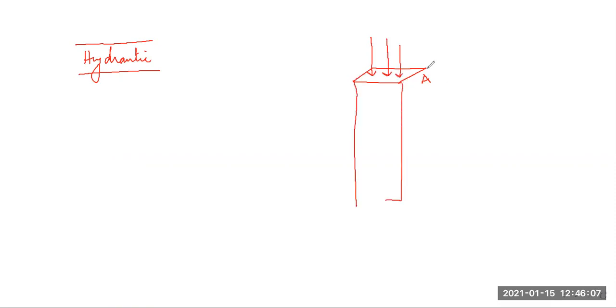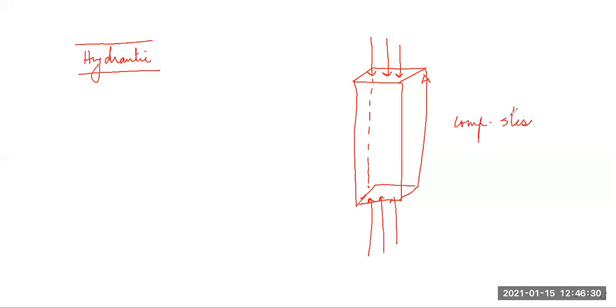These compressive forces applied perpendicular to the side areas would try to decrease the length of the body, giving rise to compressive stresses, which also fall under the category of normal stress.